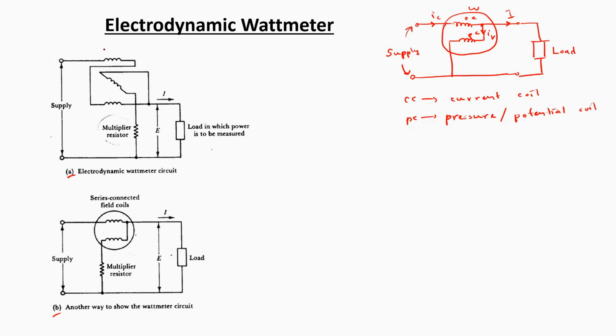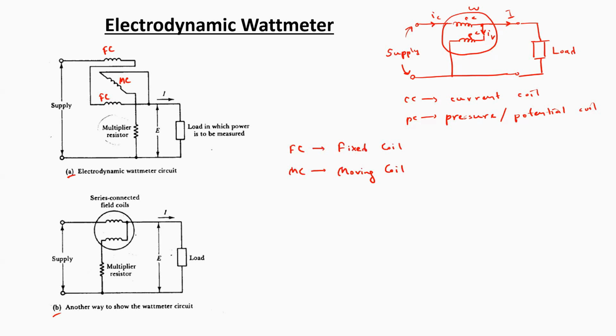For figure A, this is one of the fixed coils of the electrodynamic meter movement mechanism, this is another fixed coil, and this coil represents the moving coil. As we're using the short forms, FC indicates fixed coil and MC indicates moving coil.